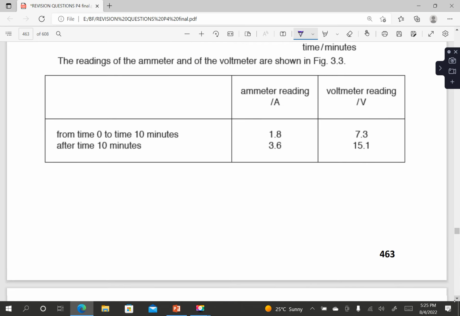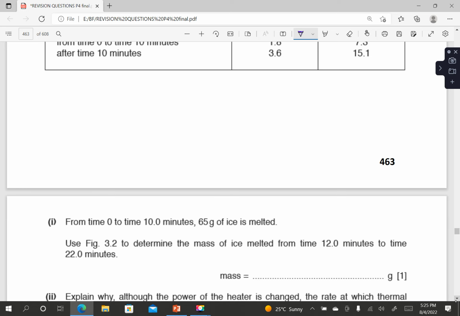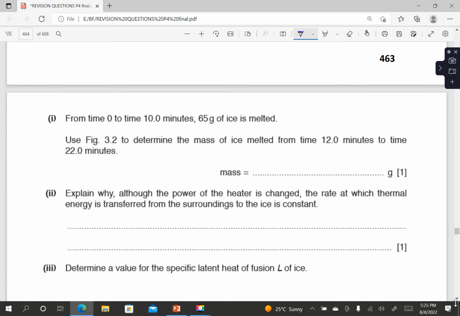This is similar to the previous question, only that the other one was dealing with vaporization. Now this is dealing with melting. From t equals 0 to t equals 10 minutes, 65 grams of ice is melted. We can even verify that from the graph.